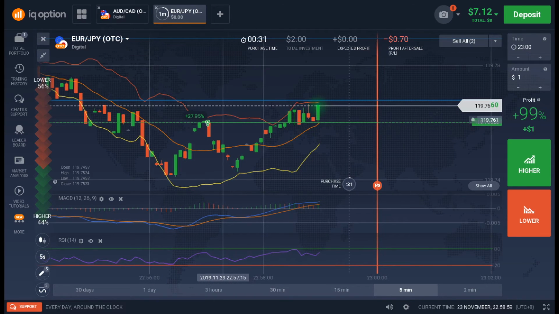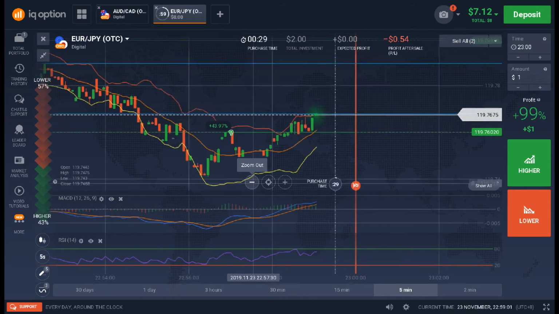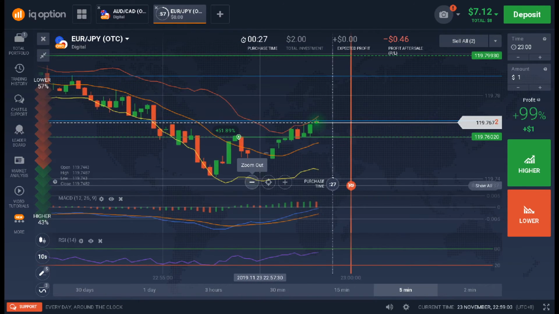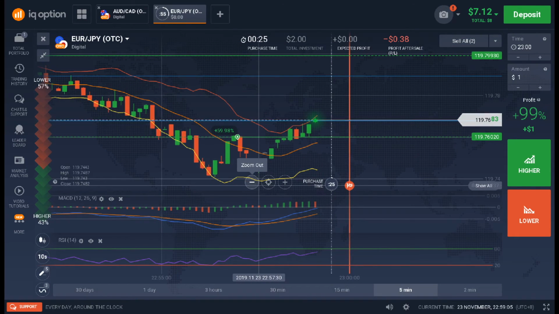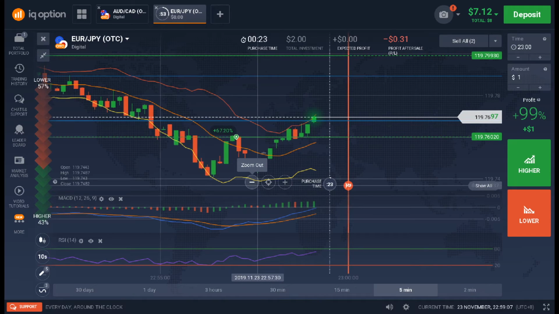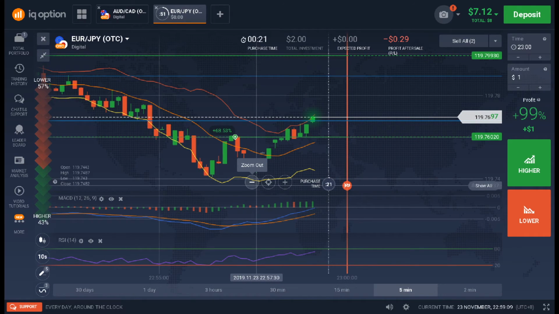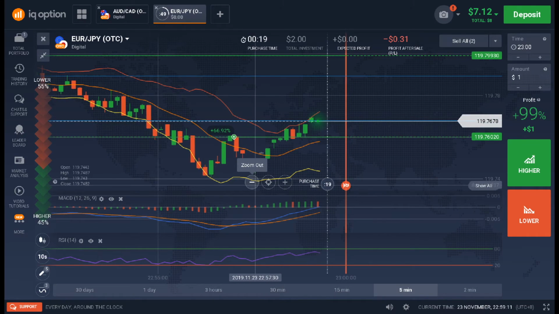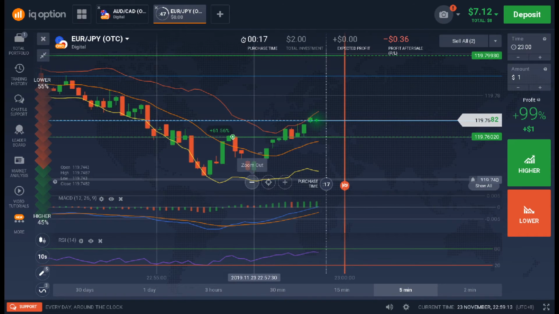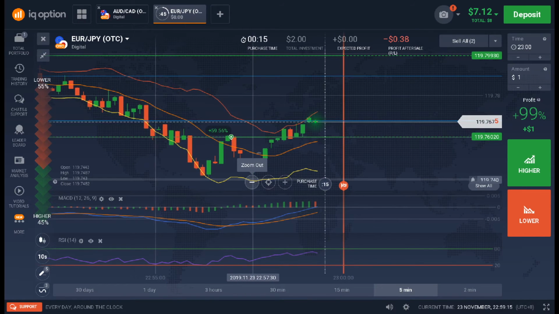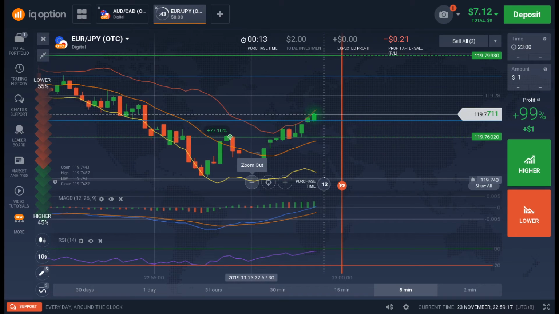Come on, bounce. Bounce, please. Yes, cross that blue line. Breakout play, please. Yes, got it. Very good.